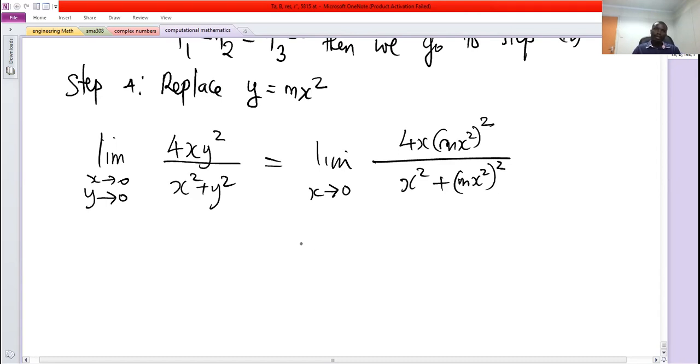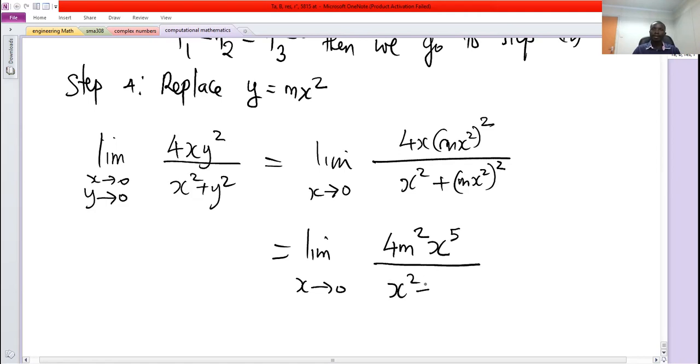So this will be the limit as x approaches 0. Now this can be written as 4m squared x to the power 5 over x squared plus m squared x to the power 4.